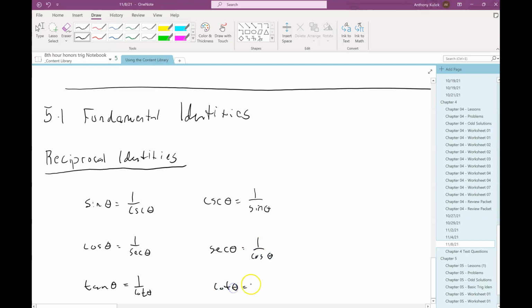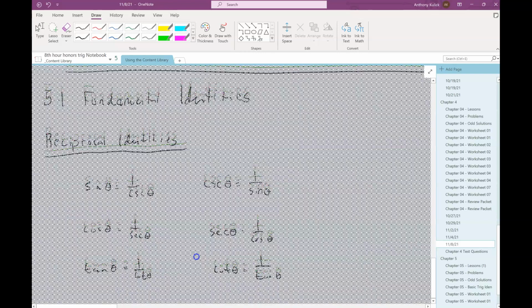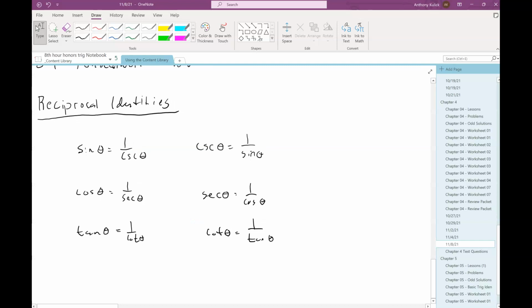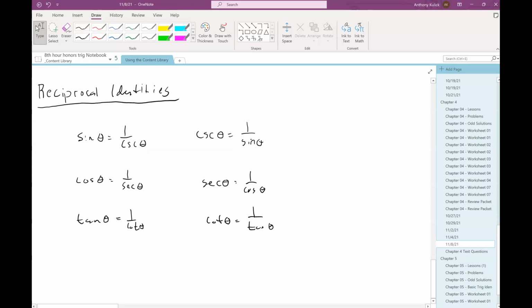And cotangent is equal to 1 over tangent. These are ones that we already basically knew, right? We've talked about how these pairs of functions are really reciprocals to each other a bunch of times. So far, so good? Okay. So there's 6 of those.